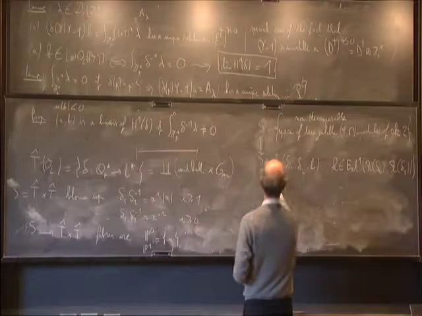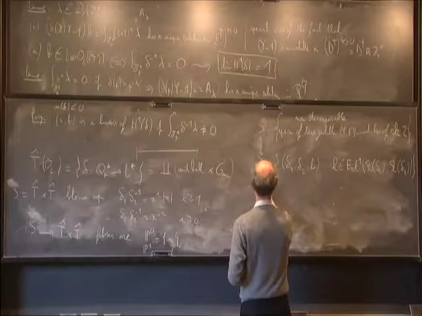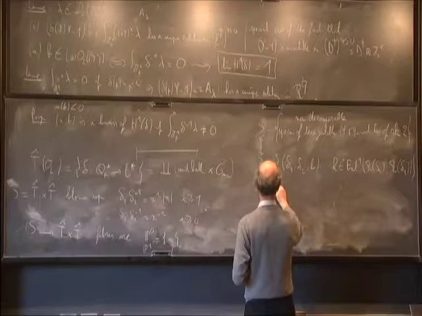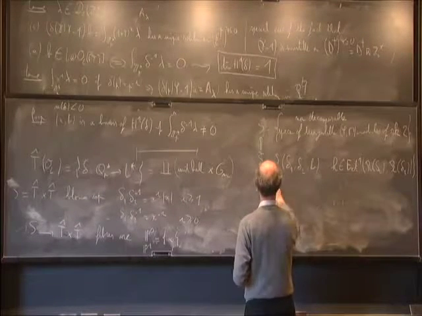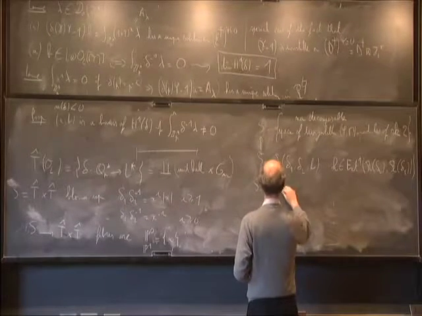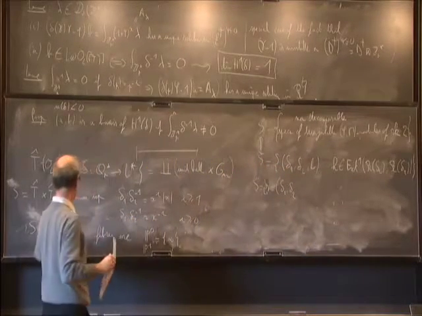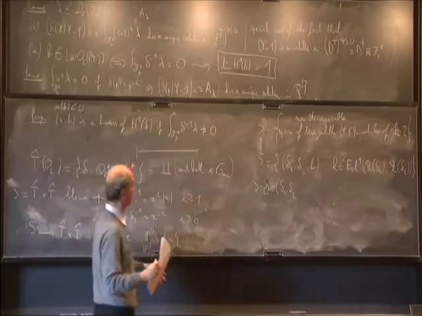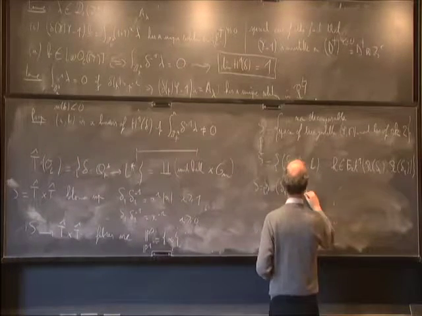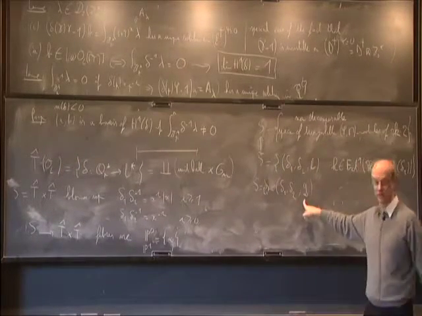Okay, so a typical element in S will be called in this way. It will be called S. And so you have two characters, delta 1, delta 2, and then you have an element L, which is an element in the fiber.